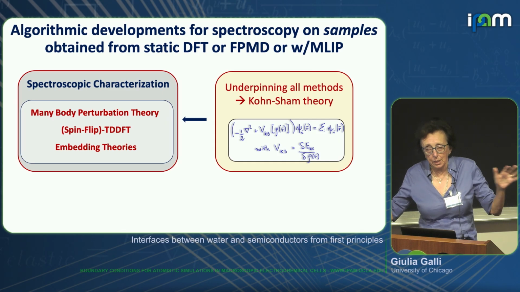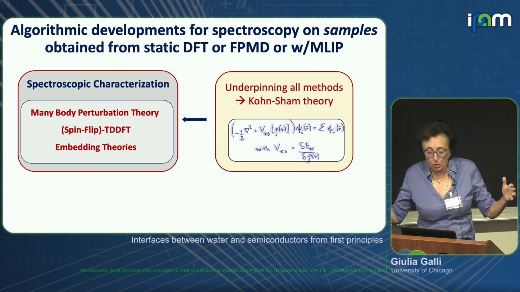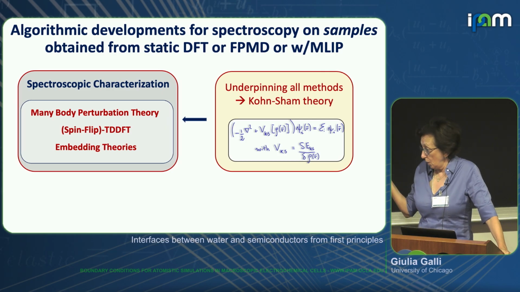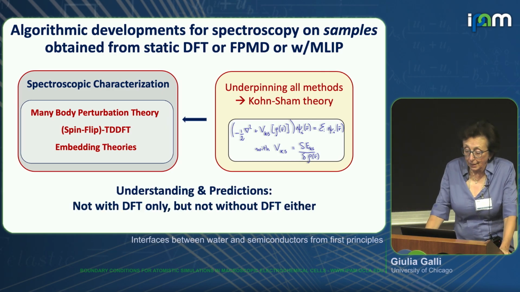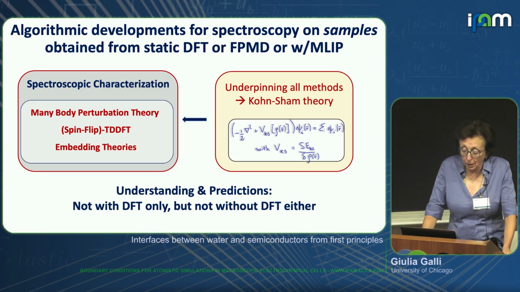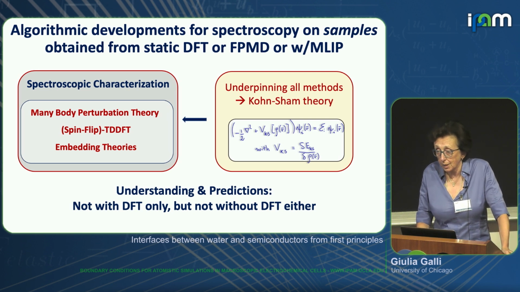There are quantum chemistry calculations, of course, that are not done with DFT as input, and they are multi-reference from the start. But for the systems that I will present, I don't know any that doesn't have DFT as input. So you cannot solve this problem with DFT only, but certainly you cannot solve this problem without DFT.